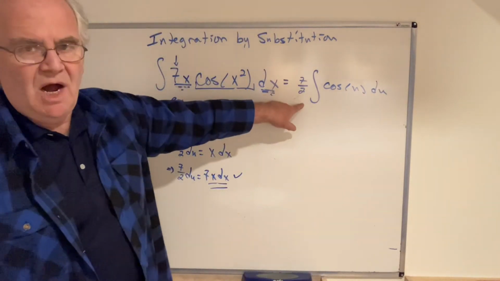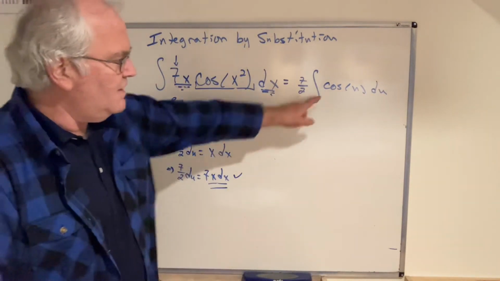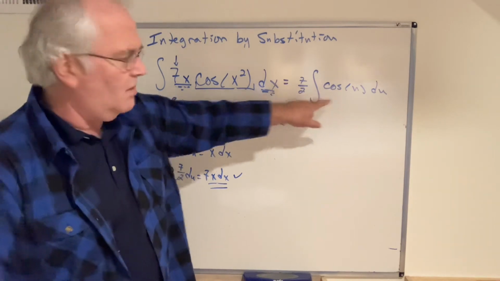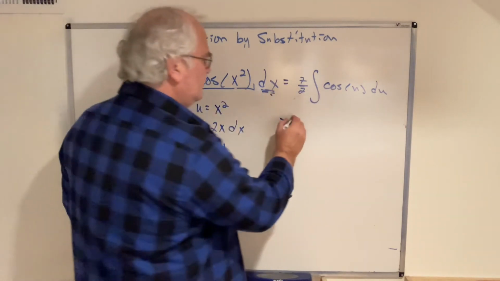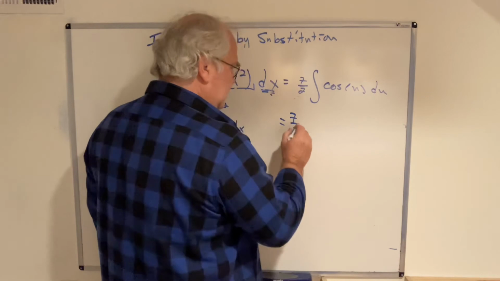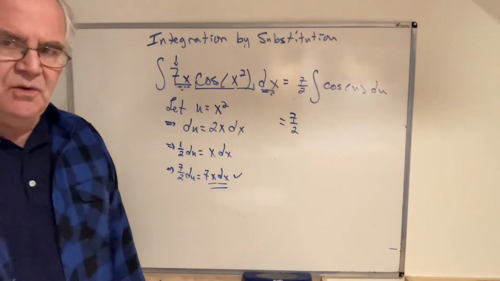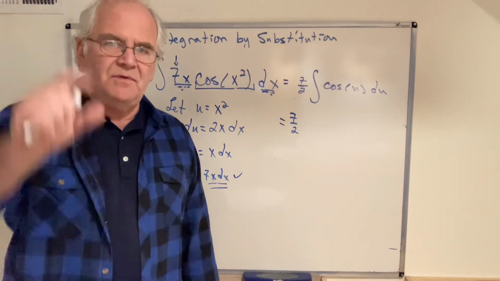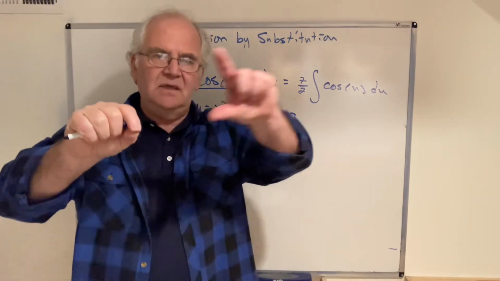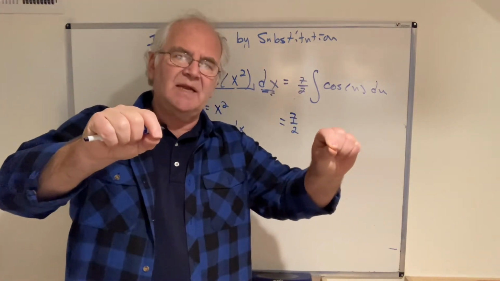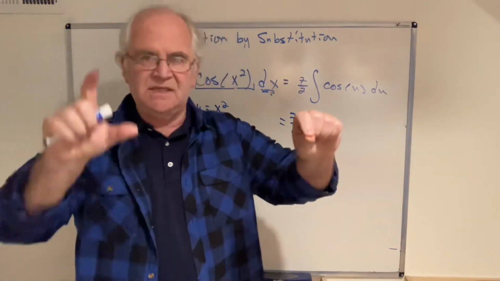And that is the problem stated in the u language. This is a basic form with a constant multiplier that multiplies along. What's the antiderivative of cosine? The derivative of sine is cosine, so the antiderivative of cosine is sine.